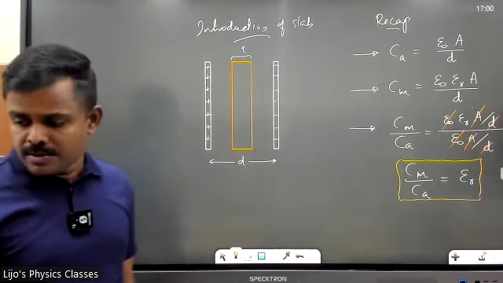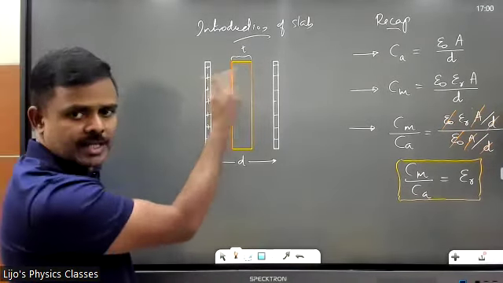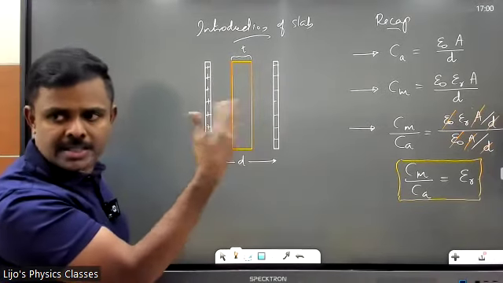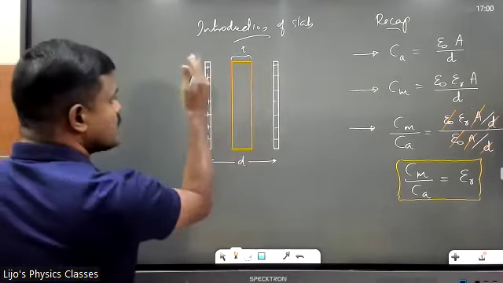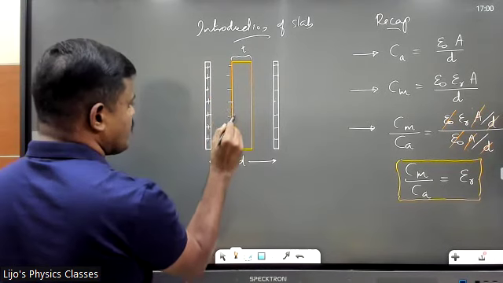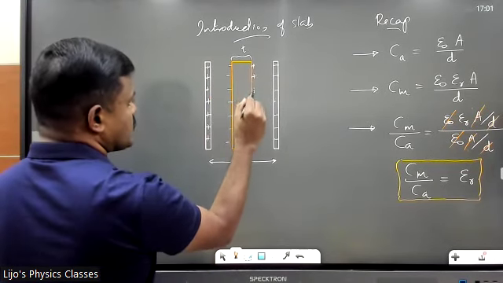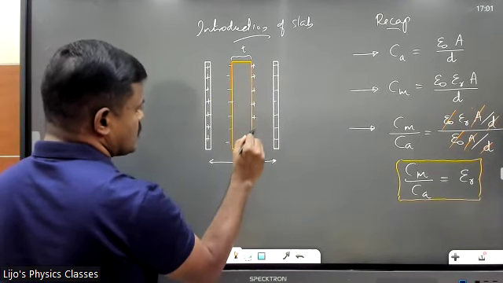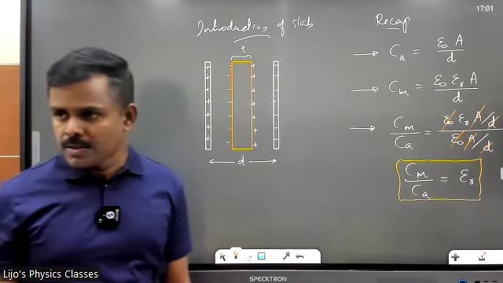What's happening now? The conducting slab will have charges coming to the surface, right? All the charges will appear on the surface. All the electrons will be pulled to this side. Just put the minuses on this surface, and on the outer surface we have positive charges.